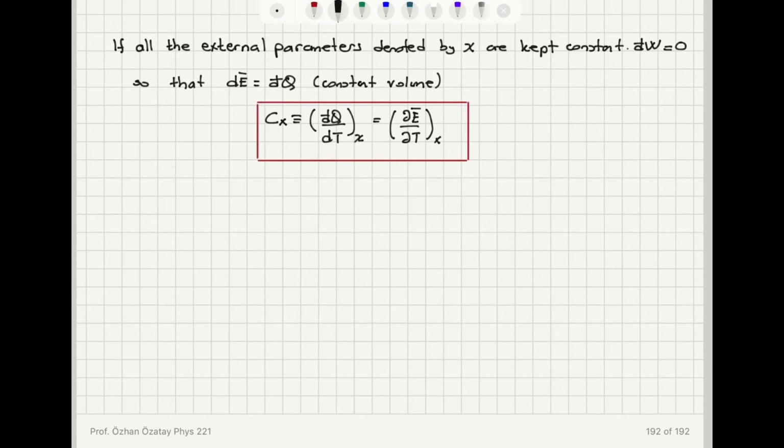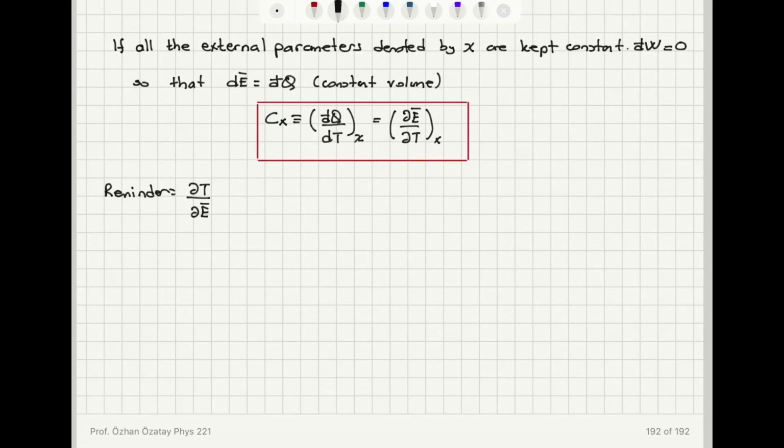And regarding the value of C_x, I would like to remind you, as we had a discussion which showed us, that the temperature varies with energy.